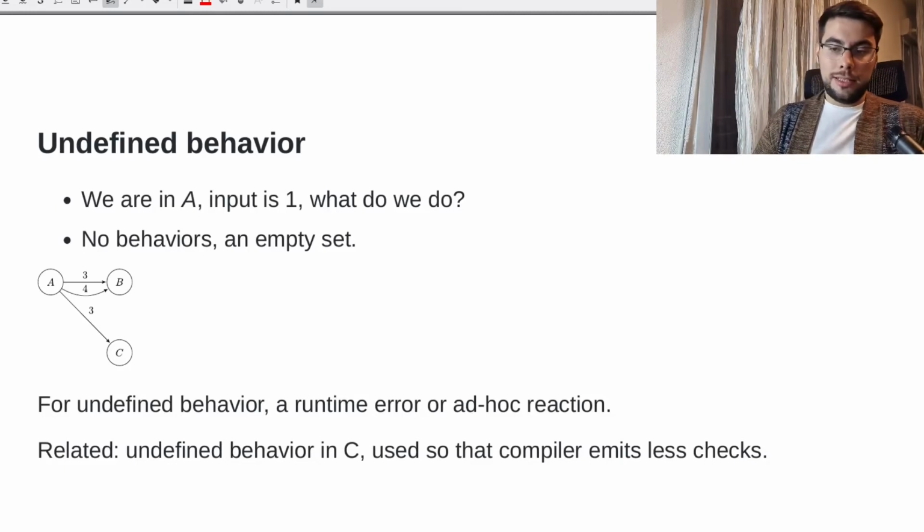Okay, let's go back to the same reasoning. So a C program can have multiple behaviors, can have a single behavior, and can have no behavior. But a compiled assembly program is always doing something well-defined. Whenever an undefined behavior happens in a C program, in the assembly program anything can happen.